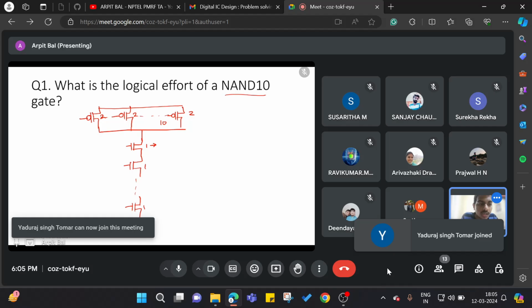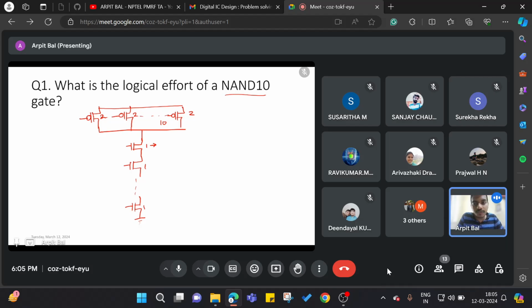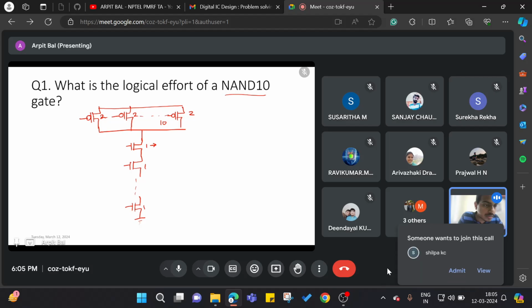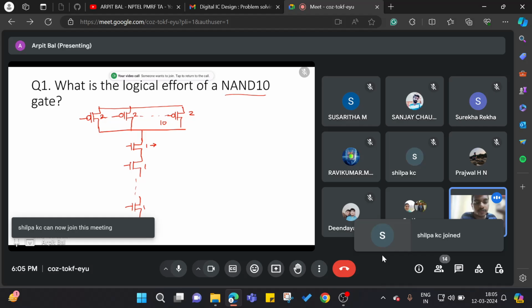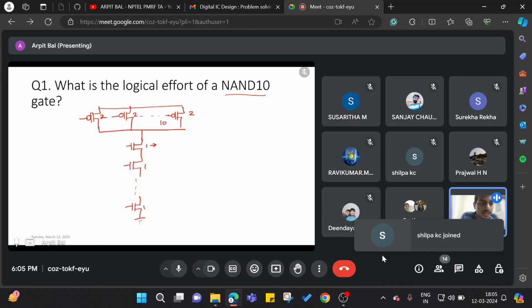So now it is 10 R, so we need to ensure that the combined resistance is R, because of which each NMOS transistor will be scaled by a factor of 10. If we scale any transistor by a factor of alpha, then the resistance gets divided by that factor alpha. So this will be 10, everything will be 10 in this case.